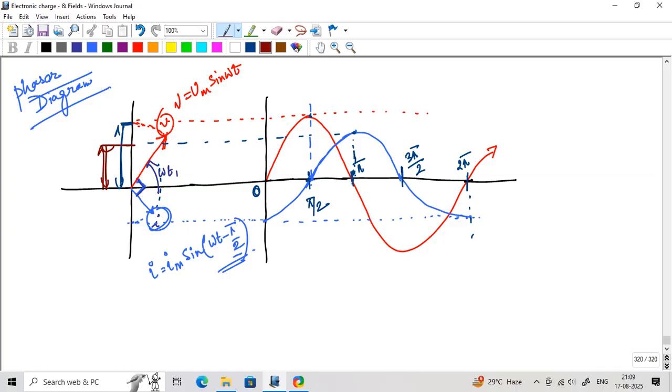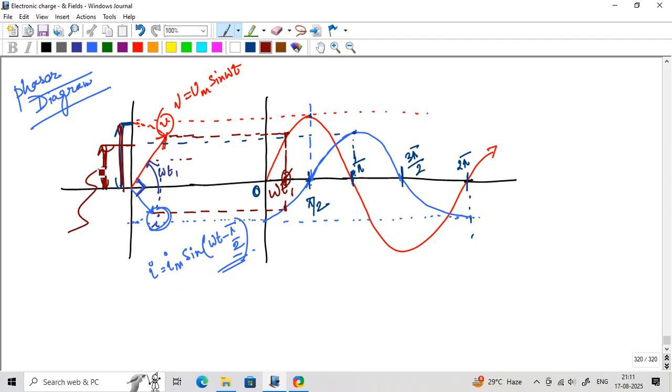Now calculate power. Okay, that's the maximum voltage and that's the maximum current. That's the phasor diagram at that point. Verify at that point. So now you see that is omega t1. There's the omega t1 at the cutting point here, and this line is called omega t1.